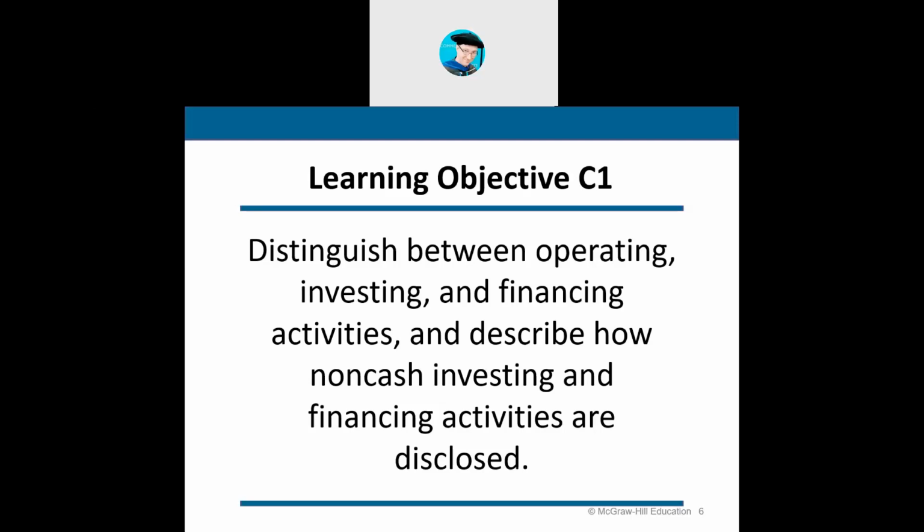As we talk about the statement of cash flows, there are three primary reasons why we use cash: operating activities, investing activities, and financing activities. Operating activities are day-to-day operations of the business. Investing activities is the purchase or sale of property, plant, and equipment.